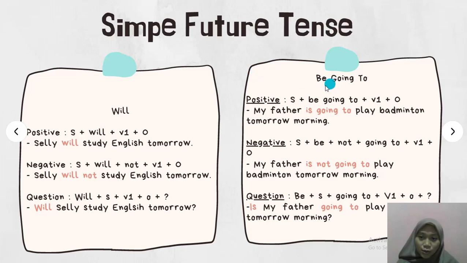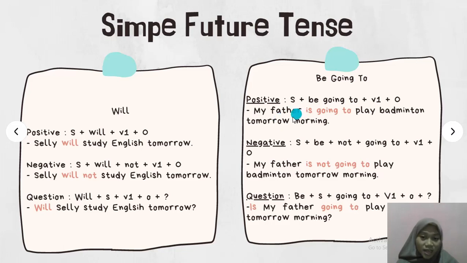How about we make a sentence with be going to? When we want to make a positive sentence, the formulation is subject, be going to, verb 1, and object. For example, my father is going to play badminton tomorrow morning. Why? We use is for the be because the subject is father.